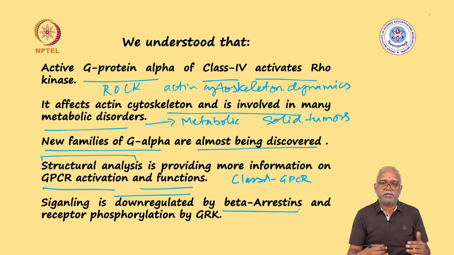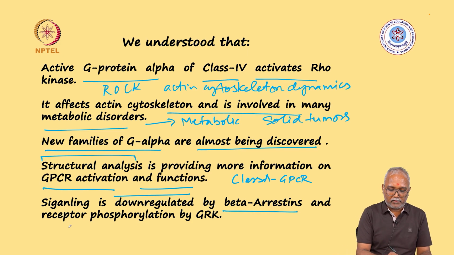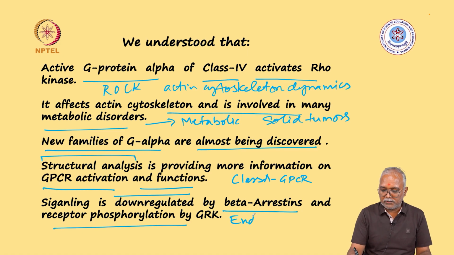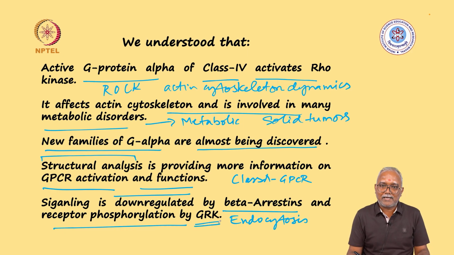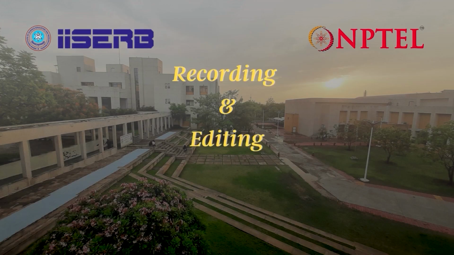They bind to the C-terminal phosphorylated tail and activate the ubiquitination process, which allows the downregulation by endocytosis. And this process of C-terminal tail getting phosphorylated is mediated by a special class of specific enzymes for the GPCR, which are called G protein regulatory kinases. Thank you.